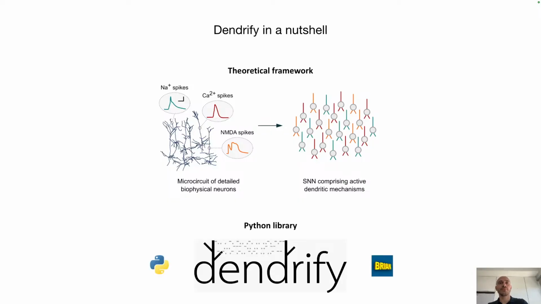It also comes with a Python library that works with Brian 2 and allows you to create these models in Brian 2. But some of the principles that we're going to discuss today are not confined to Brian 2. If you are a good programmer, you can implement them in NumPy, in PyTorch, or the simulator of your choice.